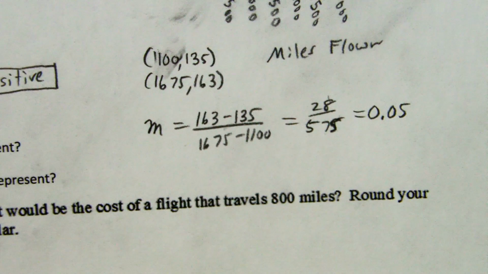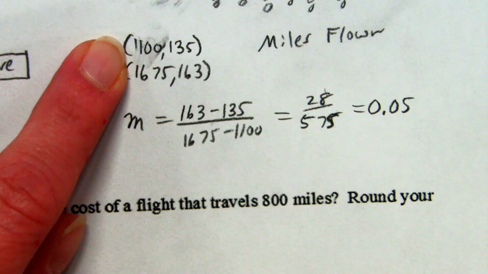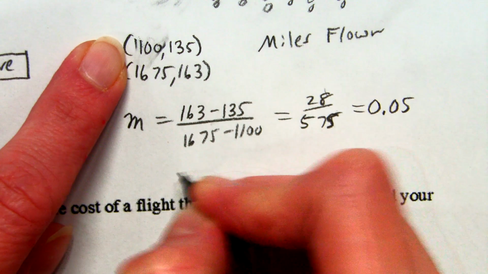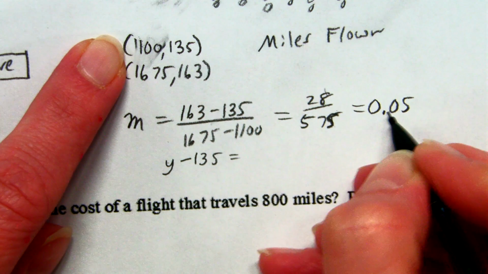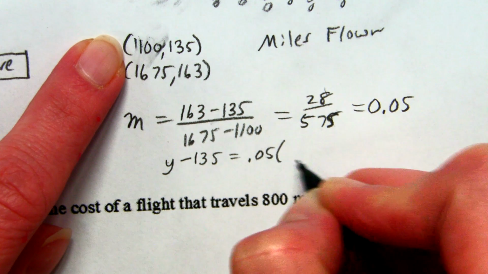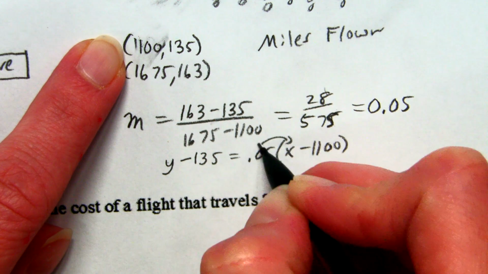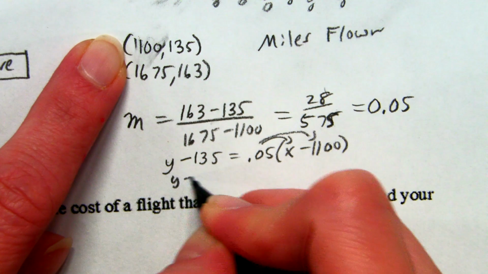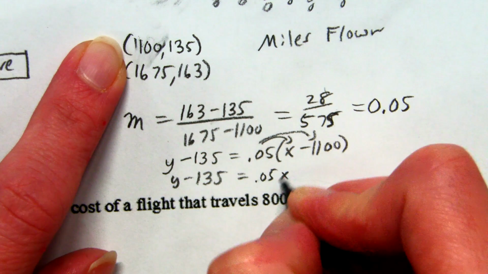I'm going to take one of these points now. Let's just use the first one that I used and put it into the equation. So I'd have y minus 135 equals 0.05 times x minus 1100. Same formula we've been using. Seems like forever. So I will have 0.05x.